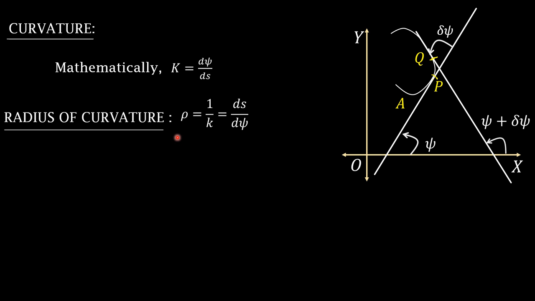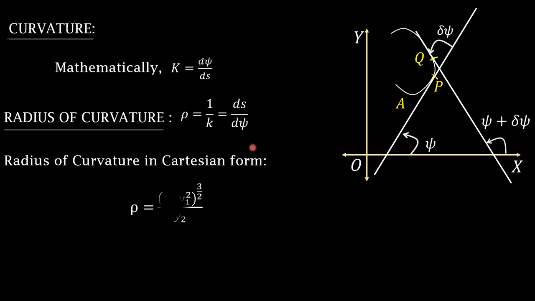So the radius of curvature is given by the reciprocal of curvature, which is nothing but ds by dψ. So to evaluate the radius of curvature in the Cartesian form, we are going to use the formula ρ is equal to (1 plus y1 square) to the power 3 by 2 divided by y2, where y1 and y2 are the corresponding first order and the second order derivative of y with respect to x.